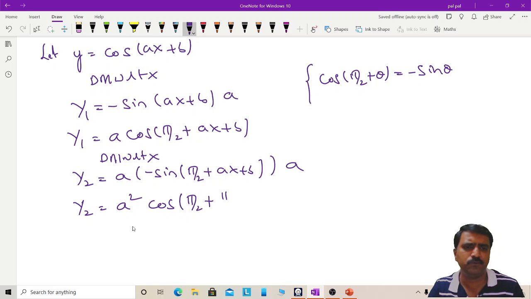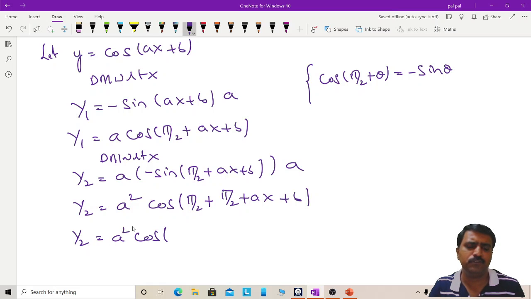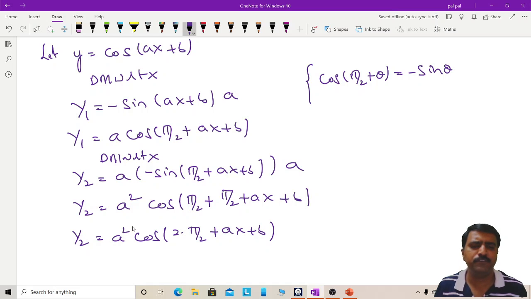Theta means this whole term, pi by 2 plus ax plus b. So now y2 is equal to a square into cos of 90 plus 90, which is 2 into 90, plus ax plus b. So by using this, we can generalize the result.